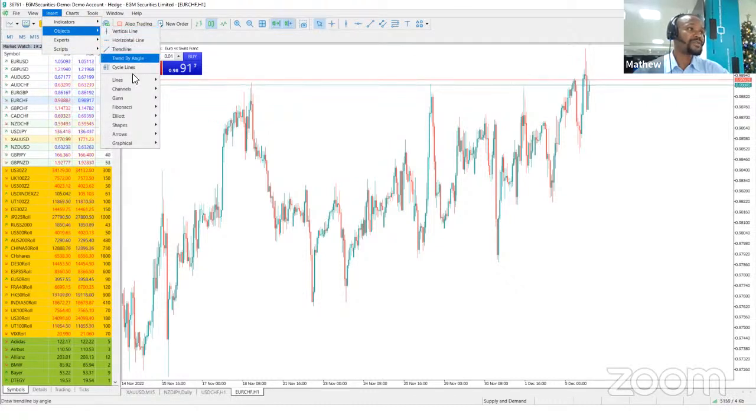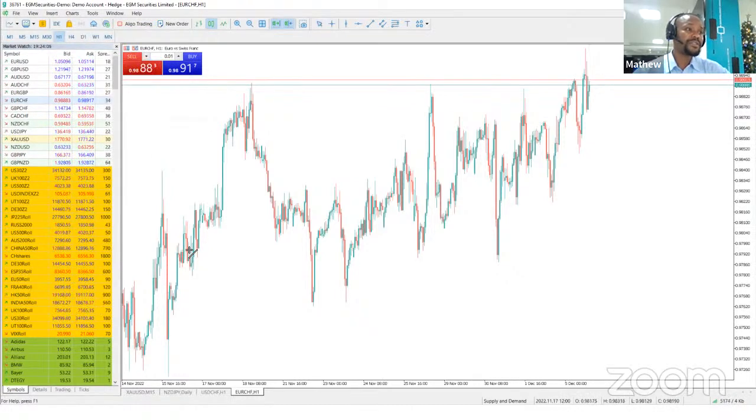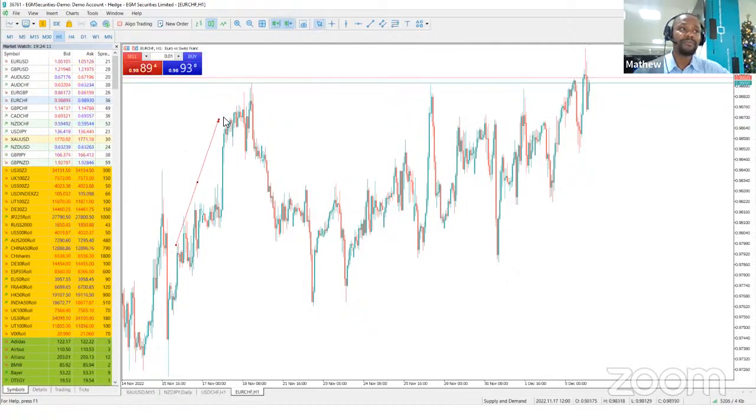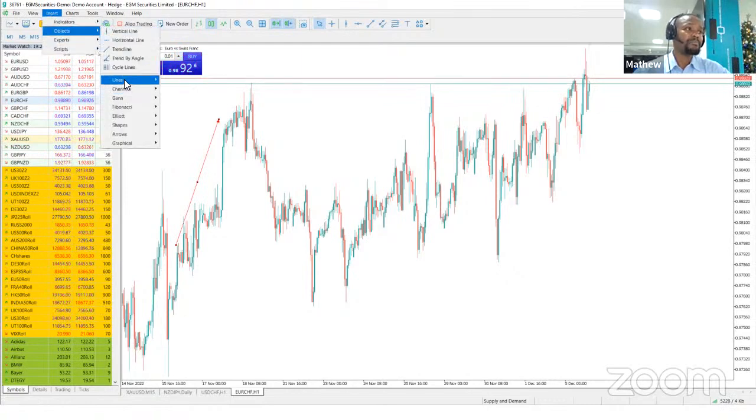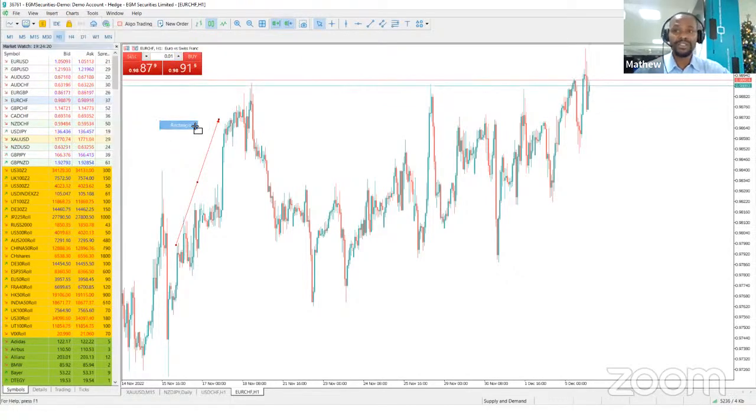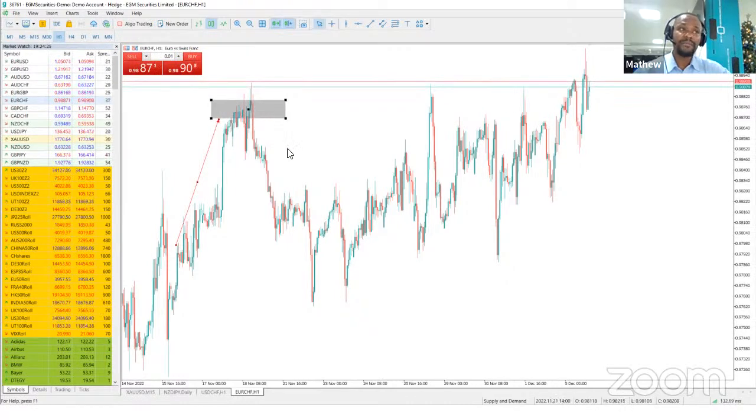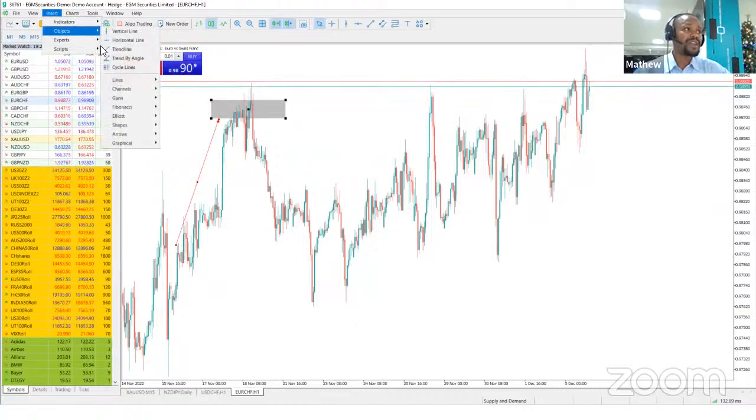Wanting to use an arrow, I don't know whether I'll find it. Yeah, so in this case, this is where we have a rally. Then at this point here, we have a base. Let me use a shape to indicate it. This forms the base. And then after this base, I have another move down.